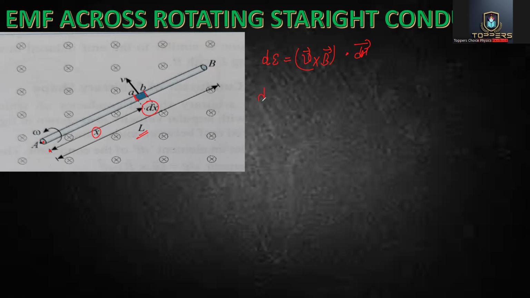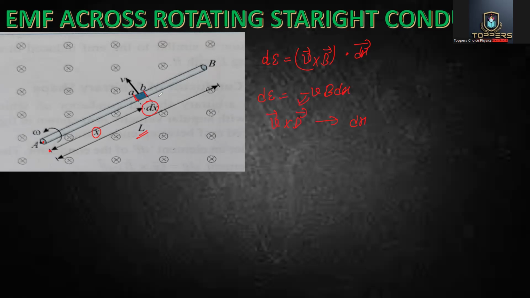So you can write dE is equal to minus V B dx. Here dx is the small length we took earlier. You can see the cross product of B and V will be opposite to dx, so that's why we have taken the minus sign here. Hopefully this is clear.